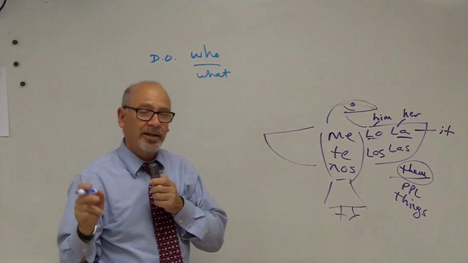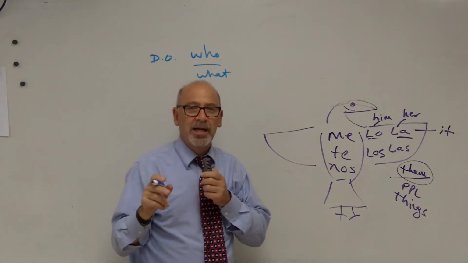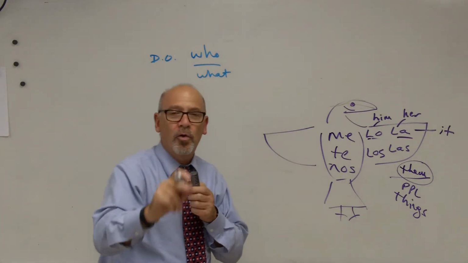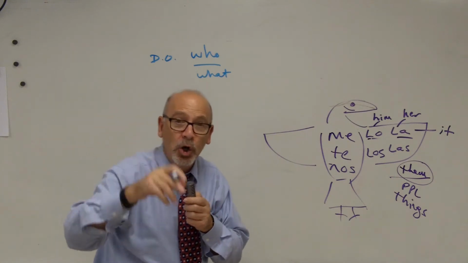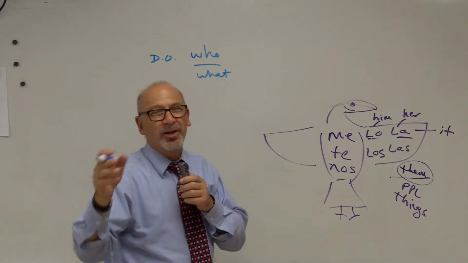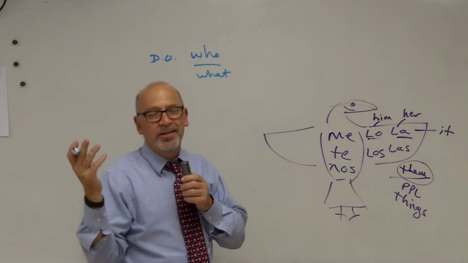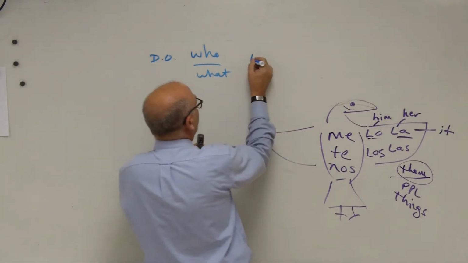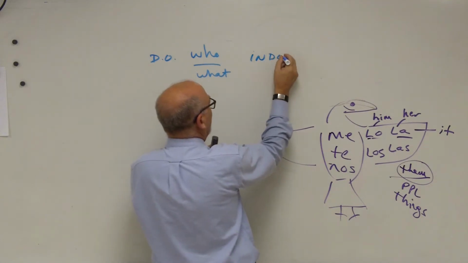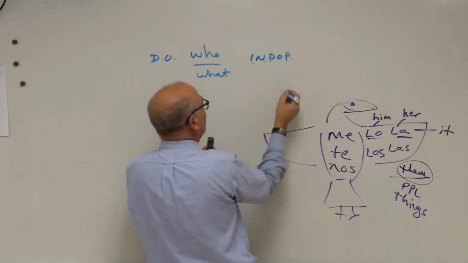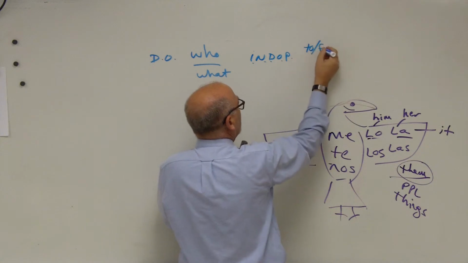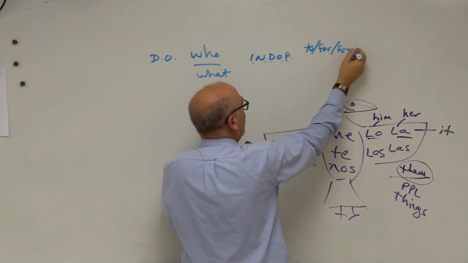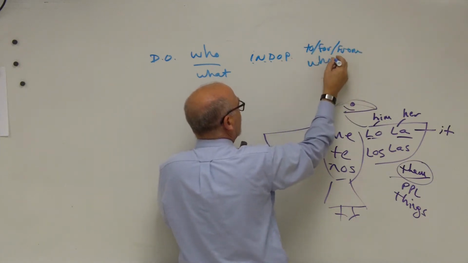Okay, an indirect object pronoun, as you're going to see, answers the question to or for or from whom. All right? Don't get too caught up with this stuff. This is geek stuff, okay? I like it, and if you're interested, fine. Your indirect object pronouns answer the question to, for, or from whom.